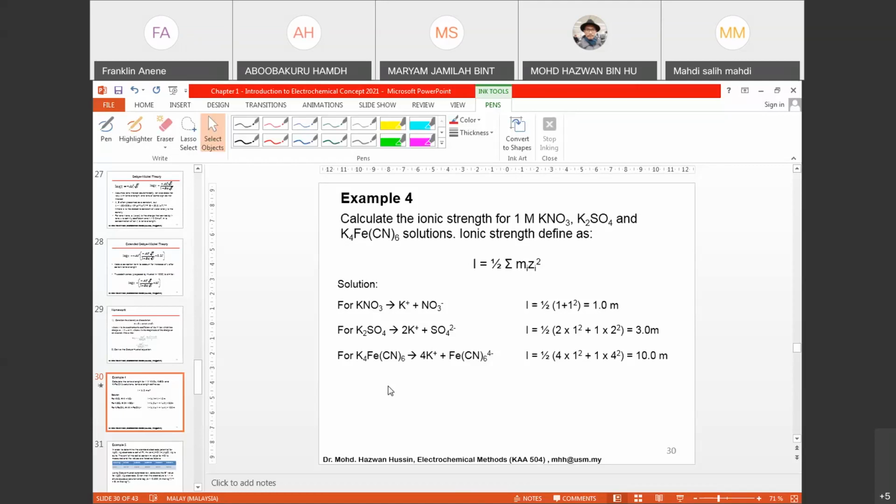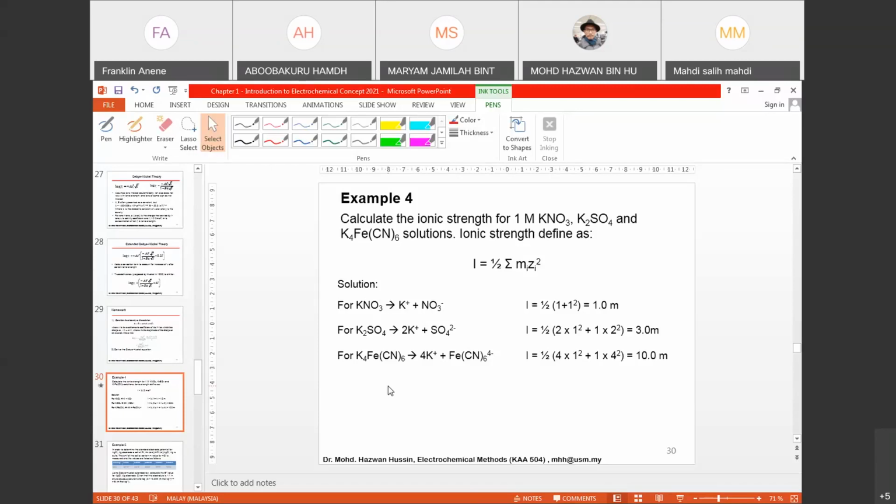For potassium sulfate, when it dissociates, it forms 2K plus and SO4 2 minus. The ionic strength I is equal to half multiplied by 2 times 1 squared. The 2 comes from the stoichiometry. Why 1 squared? Because potassium produces 1 ion with 1 charge, and you make it square.